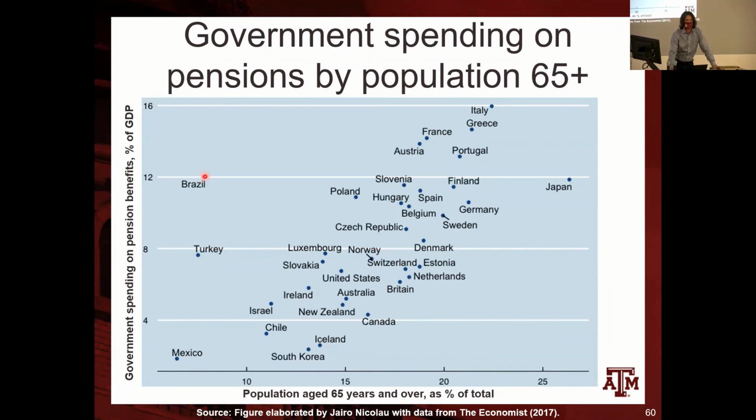But the way that the government is organized in terms of pension benefits, 12% of all GDP in Brazil was already being allocated to pension benefits. That's why there is so much debate in Brazil, and several other countries like Turkey, the same thing. 5% and already almost 8% of the percentage of the GDP being spent for pension benefits. So there is a lot of debate in relation to pension reform.